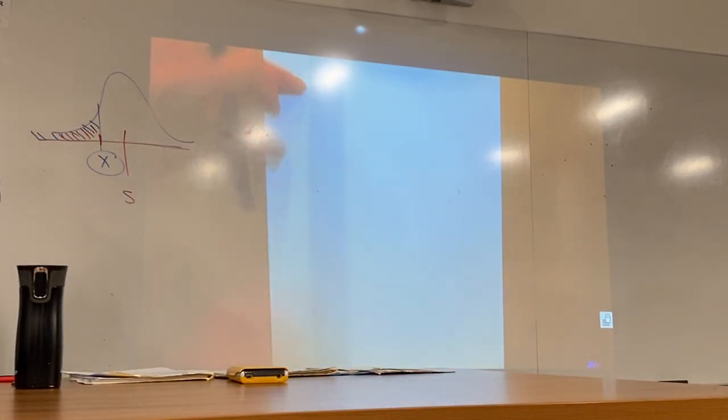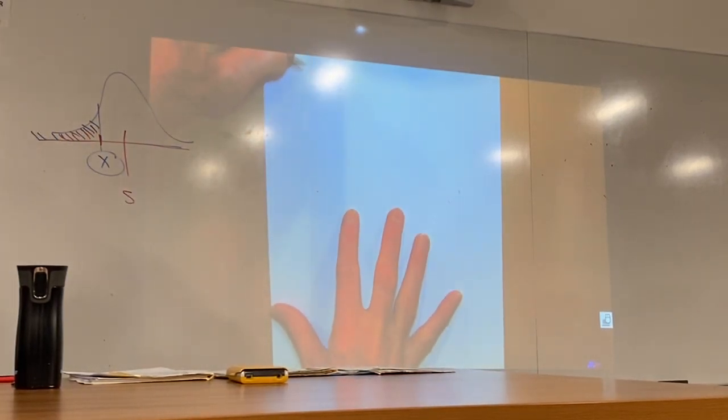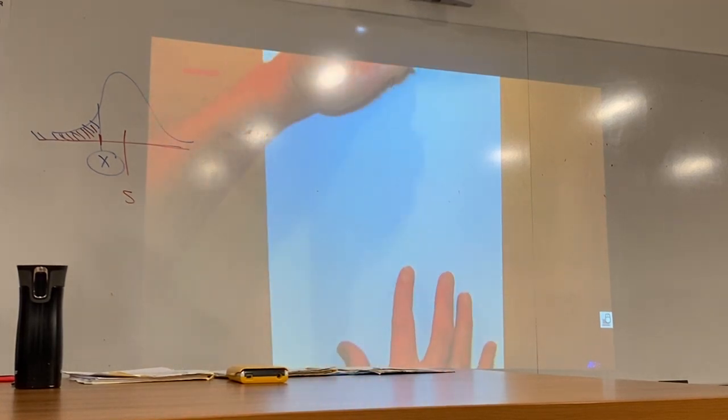Just as a recall, nCx is n factorial over x factorial times (n minus x) factorial. This is combinations.